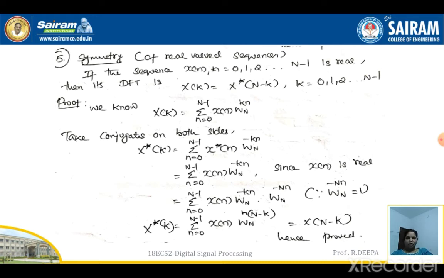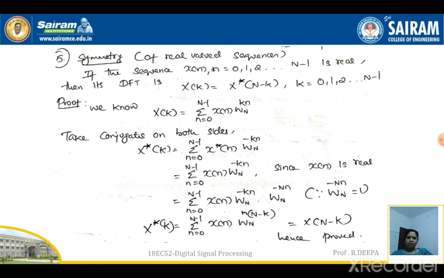So this is nothing but X of N minus k, whereas it is the expression for X of k where k is replaced with N minus k. Hence I can write the final equation as X conjugate of k is equal to capital X of N minus k. Hence we have proved the conjugate property of DFT.